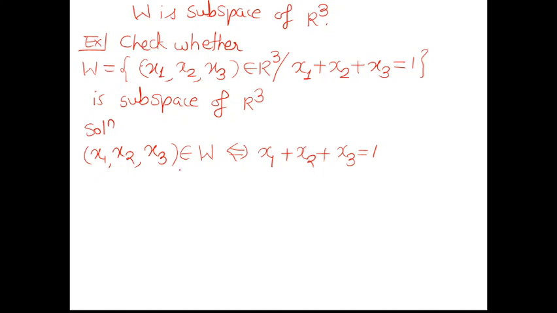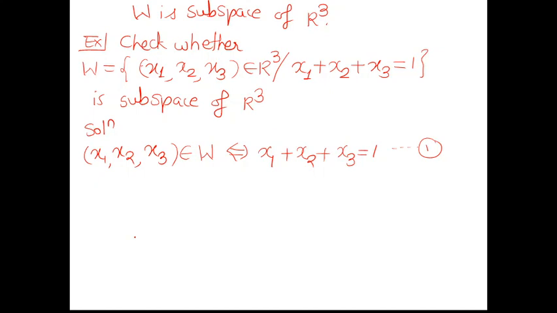When the sum of all three components of this vector is 1, then we say that it's a member of W. Let us call it equation 1. As I said, it's a linear expression and the sum is not equal to 0. Okay, not equal to 0. So in this case, the result comes out to be not a subspace.